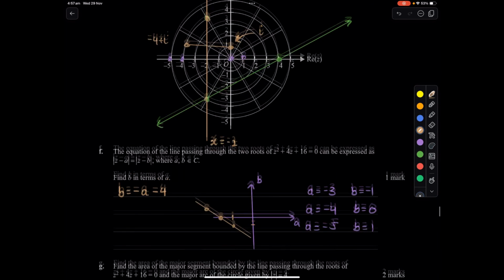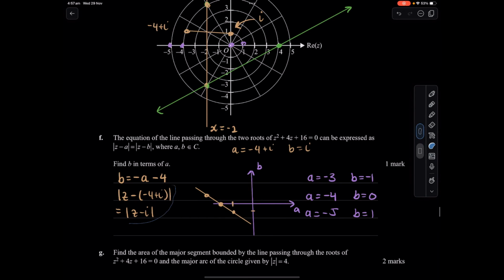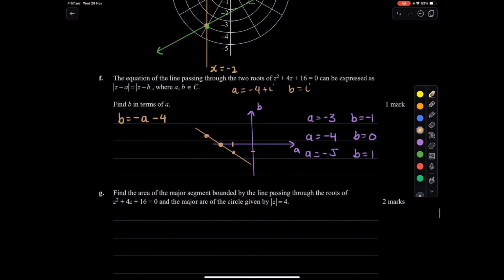In this case, we can write z minus (negative 4 plus i) equals z minus i. So our a value is negative 4 plus i, and our b value is just i. Let's check if that equation also makes sense.